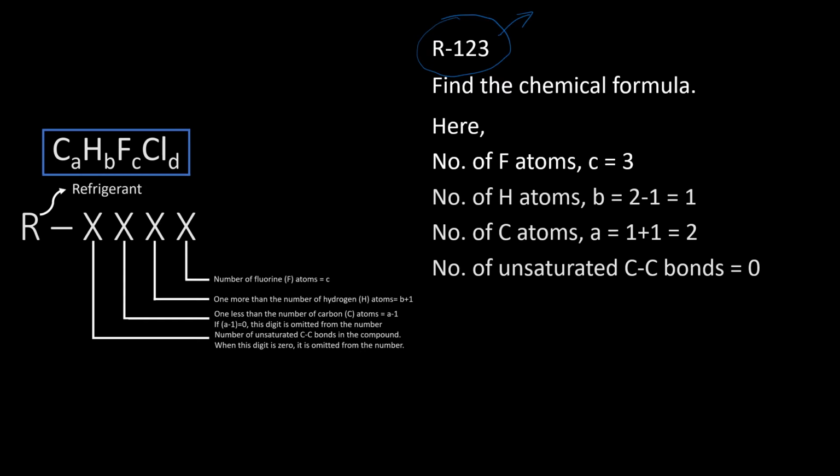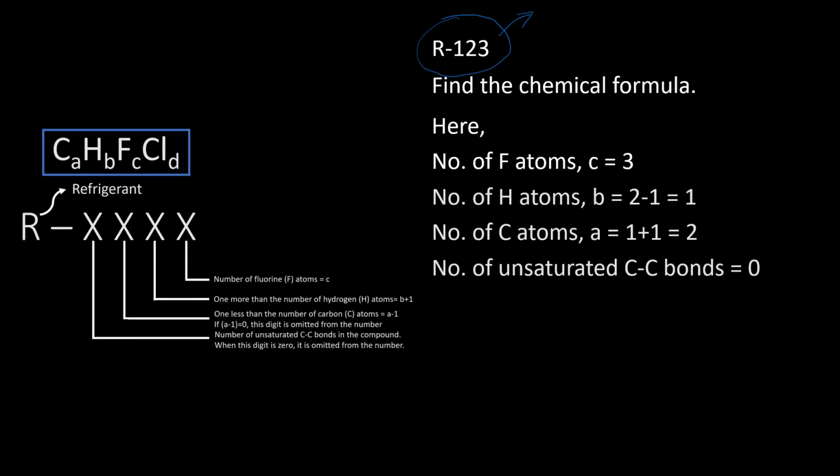The number of chlorine atoms in the compound is found by subtracting the number of fluorine, bromine, iodine, and hydrogen atoms from the total number of atoms that can be connected to the carbon atoms. For saturated refrigerants, this number is 2A plus 2, where A is the number of carbon atoms. The number is 2A for monosaturated and cyclic saturated refrigerants.